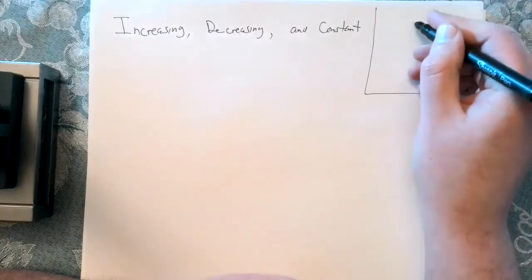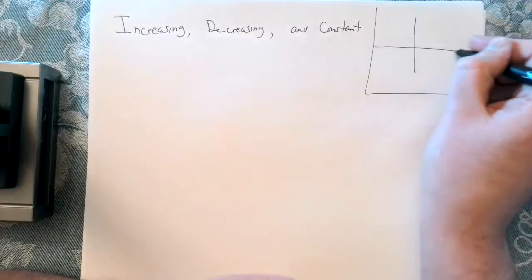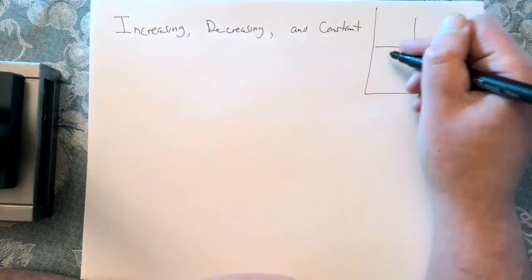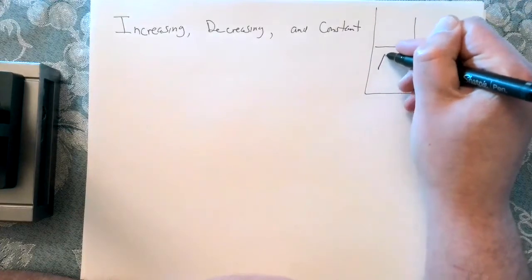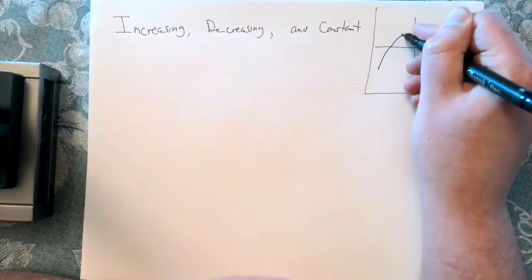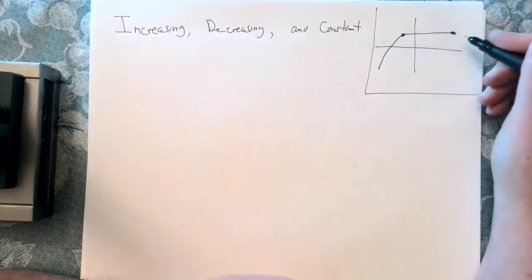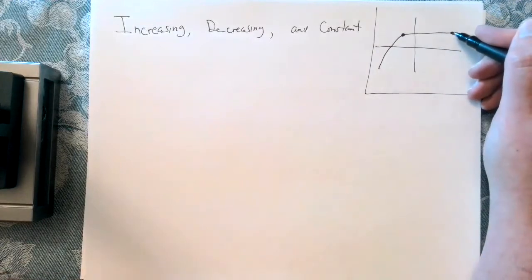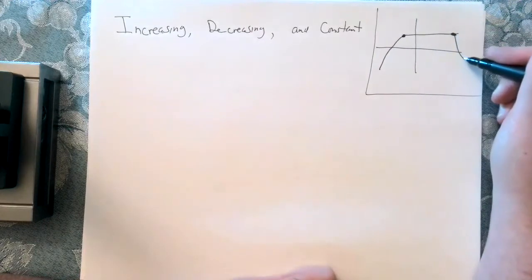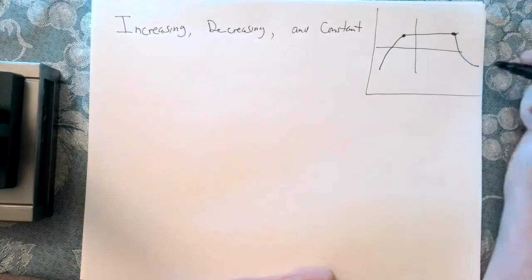Well, let's look at the picture and then we'll try to get a formal definition out of this. So a function's increasing might look like this. If a function's constant, it might look like this. And a function is decreasing might look like this.